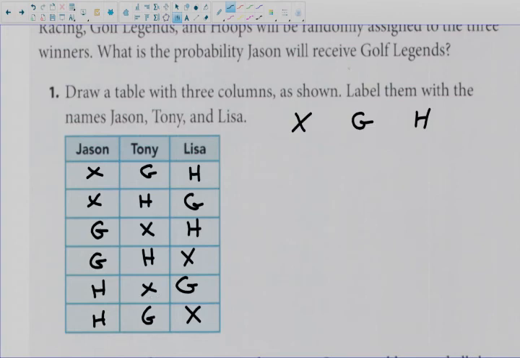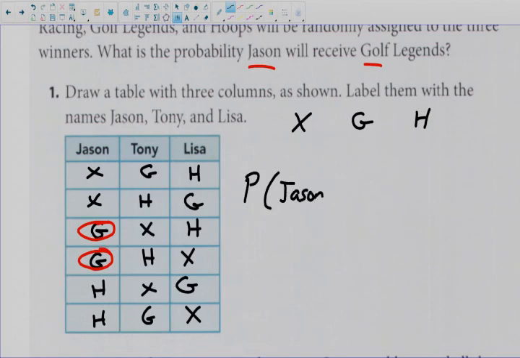So what is the probability Jason will receive Golf Legends? Well, where does Jason receive Golf Legends? Jason is here. Jason receives Golf Legends here and here.